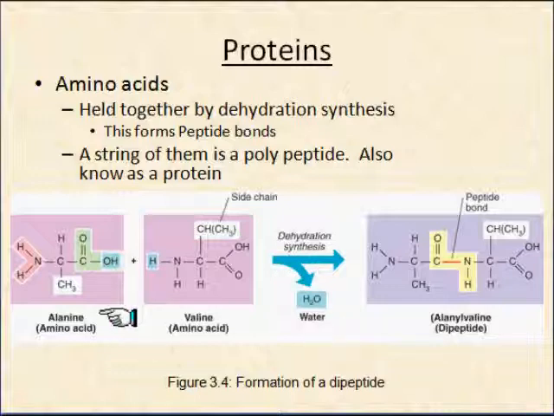We would take an OH group off of one molecule, an H group off of another, and that gives us H2O, and then we would have a combined amino acid structure. A long chain of this would be a polypeptide, also known as a protein. The bond specific to this is referred to as a peptide bond.